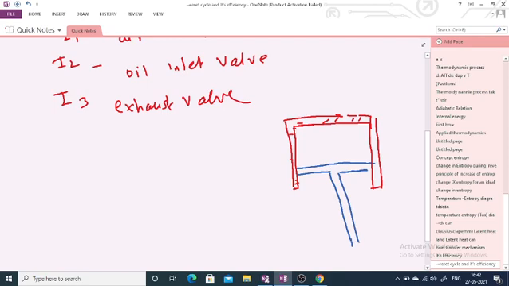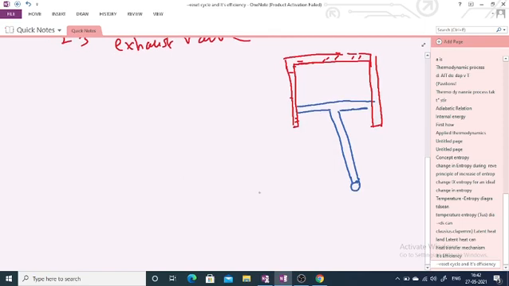The piston is connected to the crankshaft, which moves in a circle, connected to the center. So this is the motion of your crankshaft.